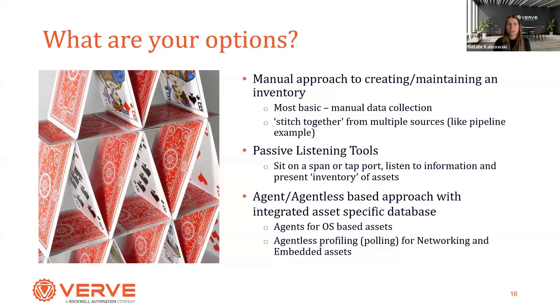may be found. The next option is using a passive listening tool. So that's essentially where you would sit on a SPAN or a tap port and listen to the information and then present that inventory list. But in this case, you don't really have a lot of insight into your actual devices, because you want to go to the source and find that information.